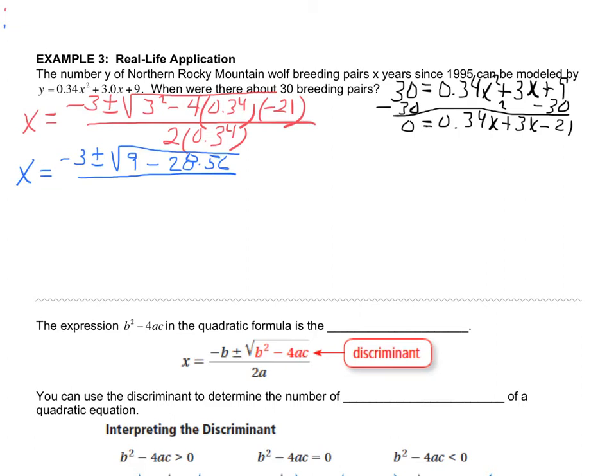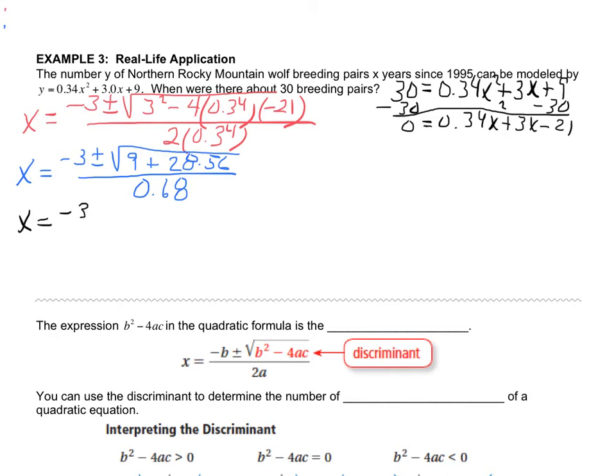Let me just fix that before I go any further. From the first step in the red, we had a negative 4 times 34 hundredths times negative 21. So before I go on, just make sure I notice that that should be plus. So it's 9 plus 28.56. That would have been a mess, and that's one of those areas that if you don't catch it when it happens, you can go all the way to the end, think you have an answer, and you are actually not correct.